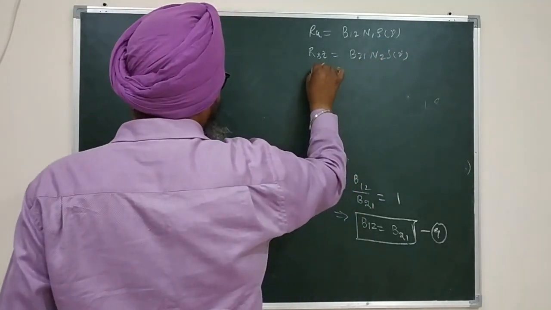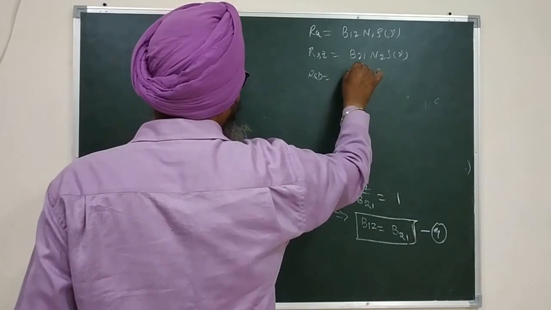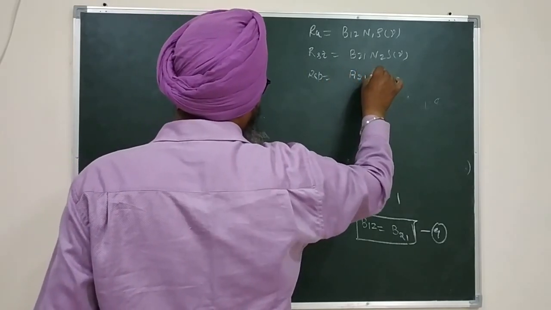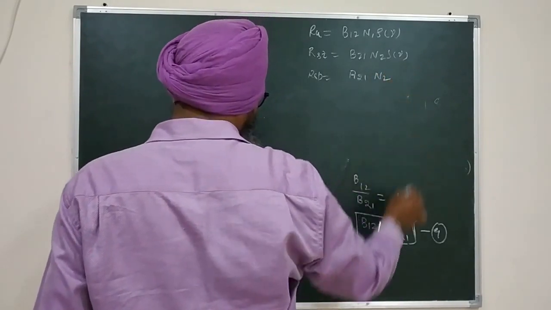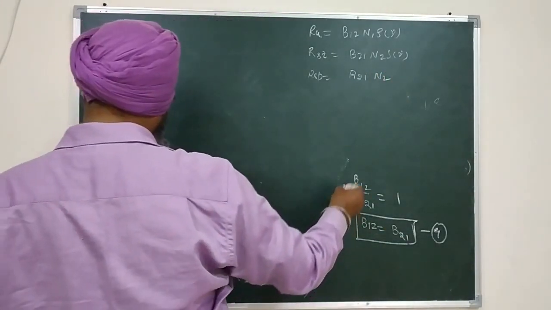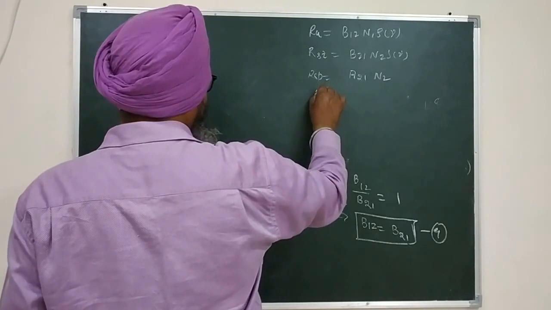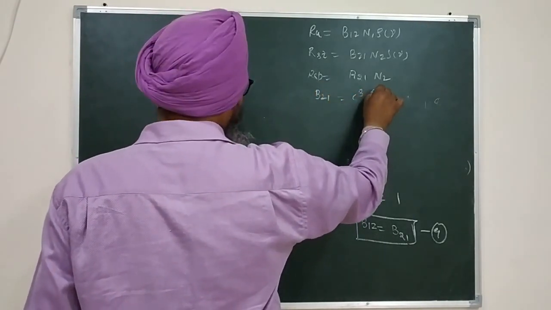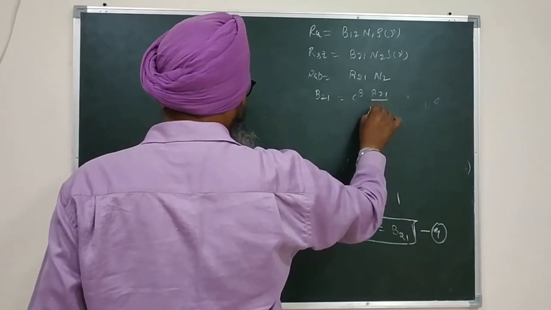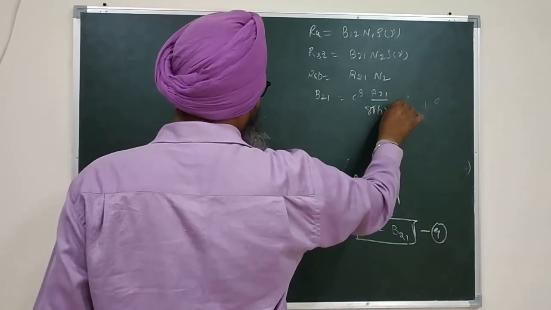We know that R_SP is equal to A21 N2, and moreover we also know that B21 is equal to c cubed A21 upon 8 pi h nu cubed.